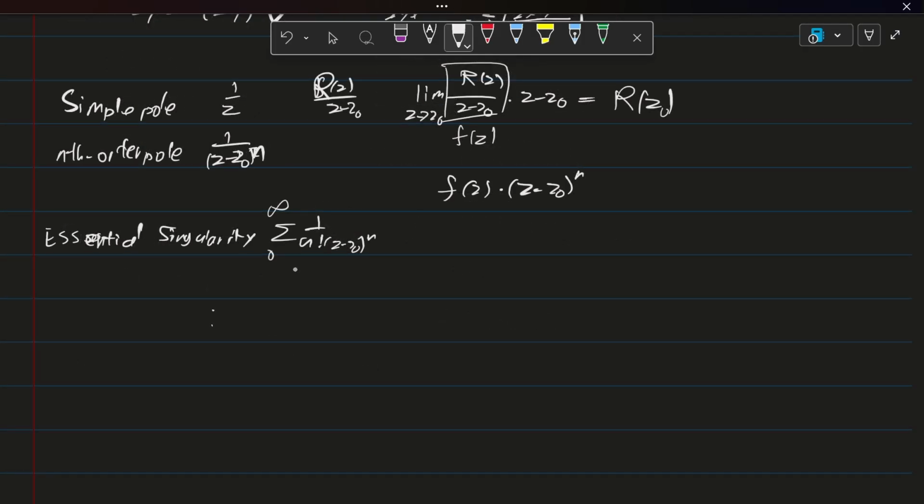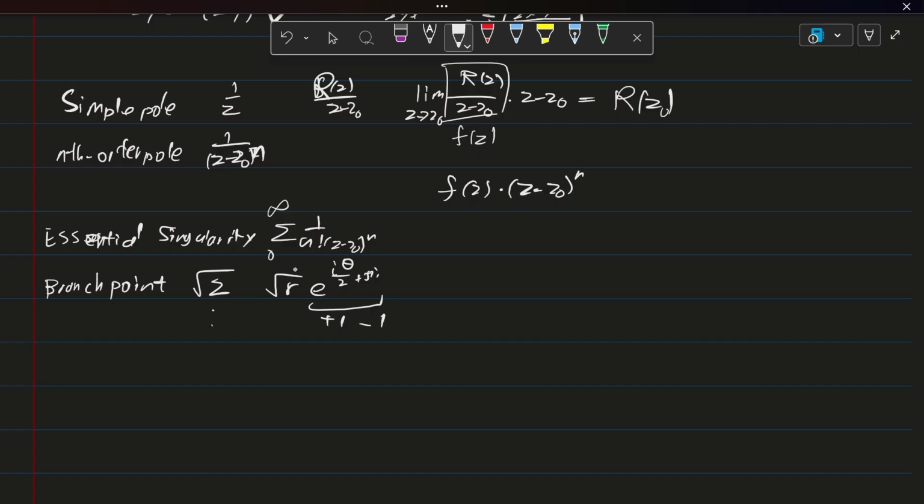Lastly, we have the branch point. So the branch point is where, let's just take an example. Square root of z is a type of branch point. And we have shown this in the previous video, in which if you take square root of r e to the power of i theta over 2 plus pi i, this corresponds to a positive 1 and a negative 1, which means that it's going back and forth between the two values.